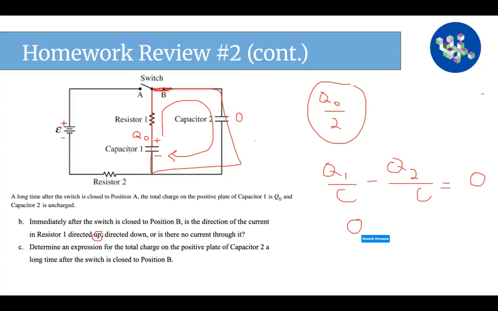But we also have conservation of charge: Q1 plus Q2 is Q naught. If you solve this, you simply get Q naught over 2 for both Q1 and Q2. Any questions on parts B and C? If not, you can move to the next slide.